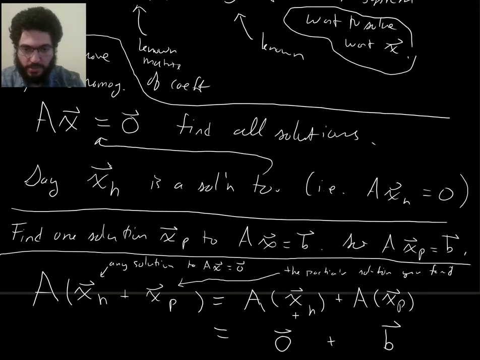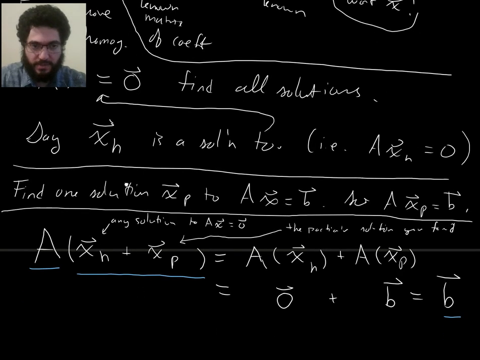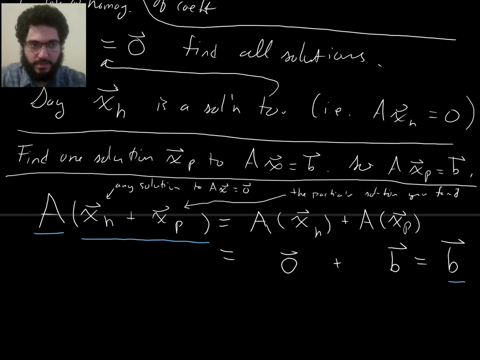Because x sub h was just some solution to the homogeneous linear system, Ax equals 0, and x sub p was a solution to Ax equals b. And so overall, you get b. So look at what we have overall. A times this vector equals b. So here's what we are observing, and this is something you probably saw in linear algebra, although not everybody quite gets it the first time.